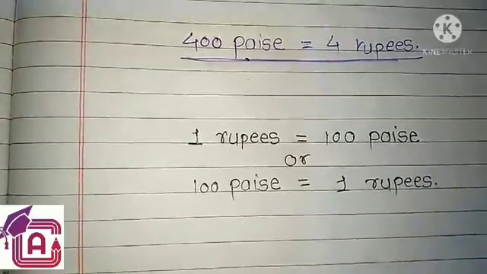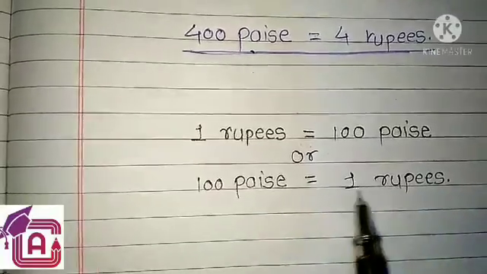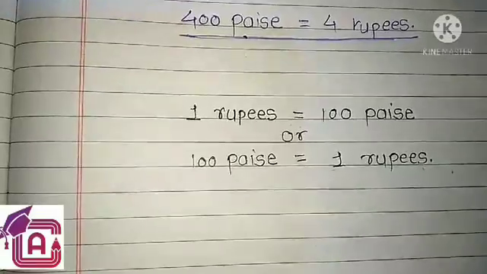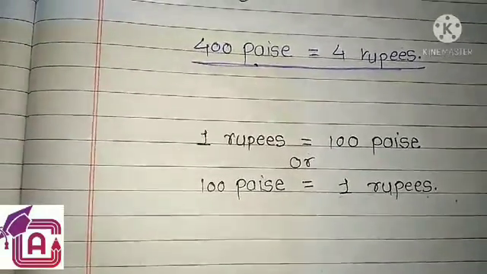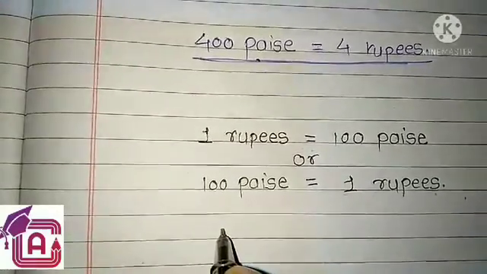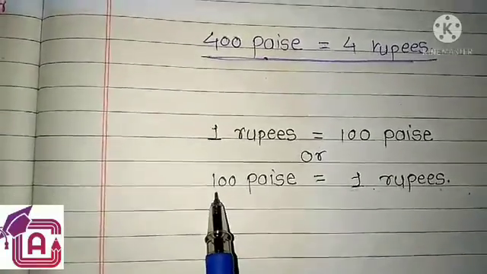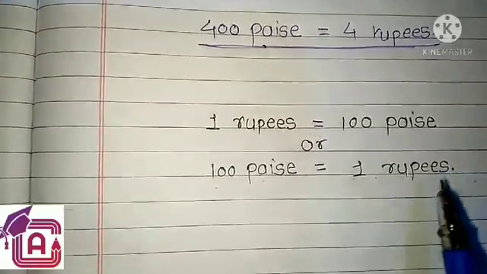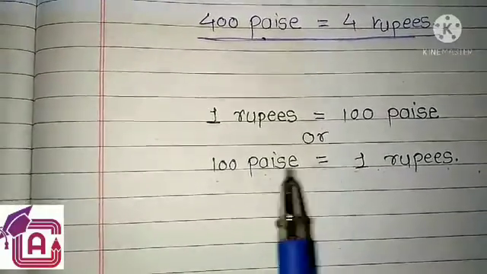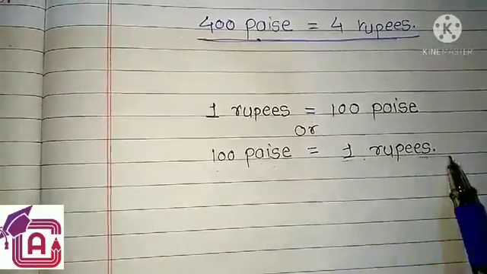So if we are dividing 1 rupee into 100 equal parts, we get a complete 100 paise and it is equal to 1 rupee. This 1 is completely divided into how many smaller parts? 100 smaller parts of a paise. When we combine these small 100 parts of a paise, we get this 1 rupee.